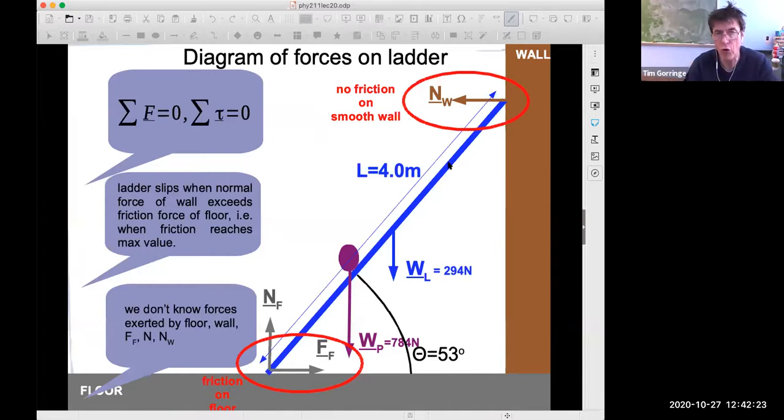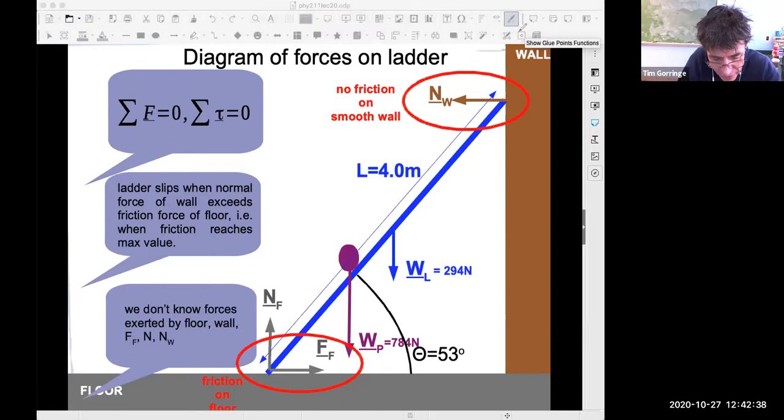So, of course, what did I do next? I drew a diagram of forces that are acting on the ladder. And so that's what I've done on this diagram. Let me just walk you through this diagram a little bit, because it's quite a complicated diagram. Over here on the right, you see the wall.